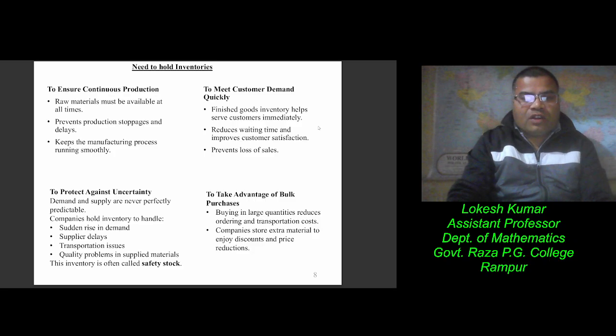This inventory is often called safety stock. To take advantage of bulk purchases, buying in large quantities reduces ordering and transportation costs. Companies store extra material to enjoy discounts and price reductions.